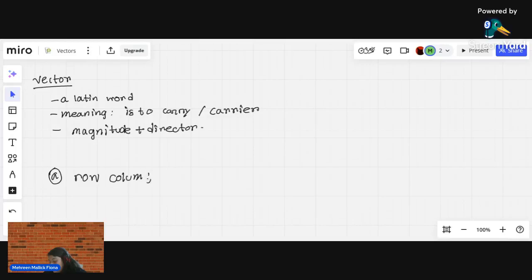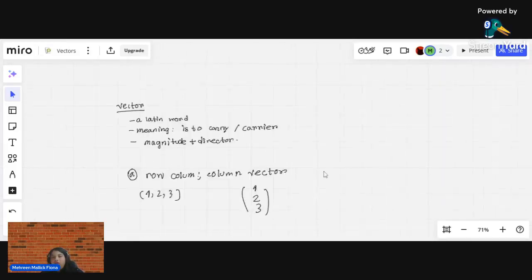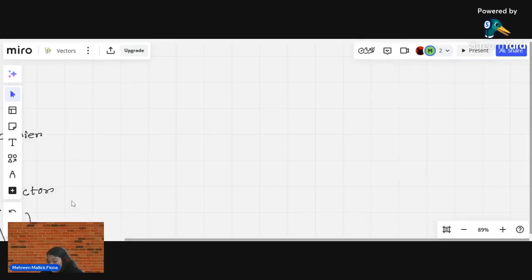Then also a column vector. These are also representations of a vector, but if you want to see it in plain sight, it would look like this.